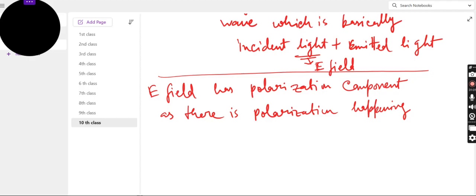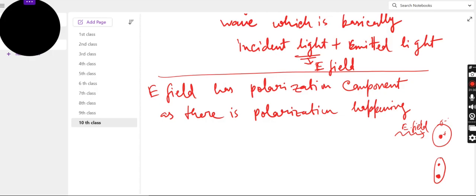As we know, when the electric field falls on the molecule, this electric field polarizes the electron cloud.